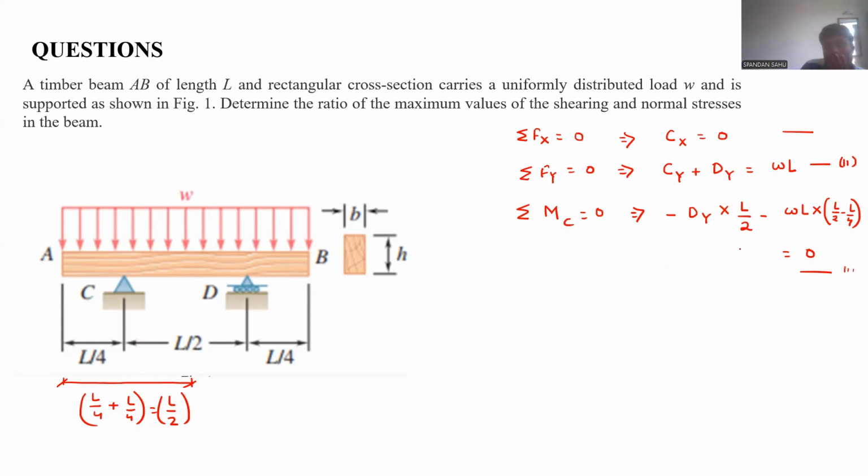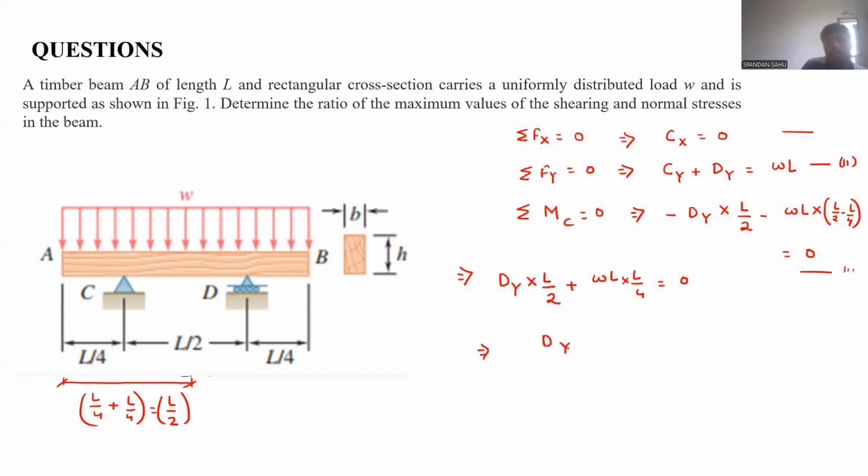Now, if we solve this third equation, what are we going to get? We are going to get the value of Dy. So, let us solve that equation. After simplification, we are getting Dy into L by 2 plus WL into L by 4, so WL square by 4, equal to 0.